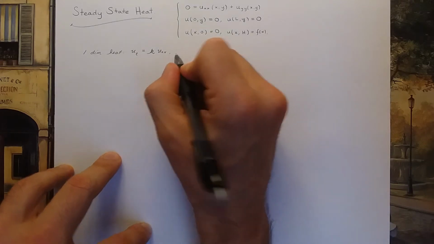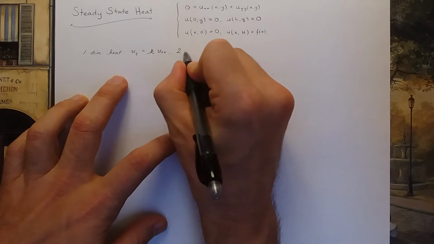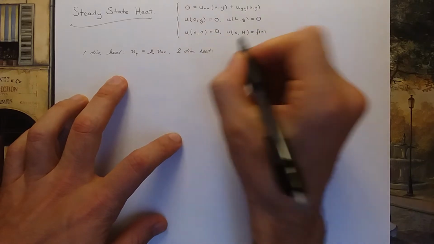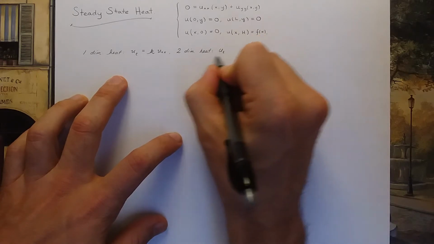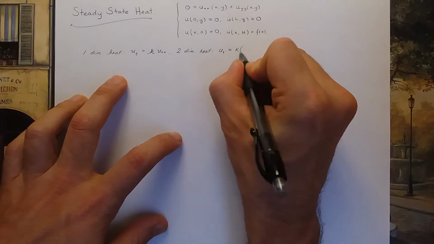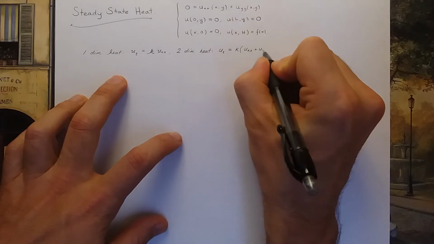There's also a two-dimensional heat equation and a three-dimensional heat equation. The two-dimensional heat equation is the equation where I say the partial derivative with respect to time is some constant k times the second partials with respect to x and y added together.